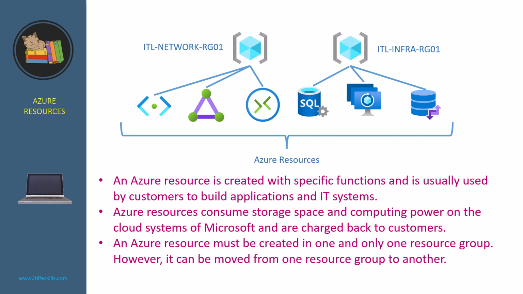For example, we cannot create this Azure button in the network resource group and in the infra resource group like this. This action is not possible. However, we can migrate the Azure button from the network resource group to the infra resource group like this.